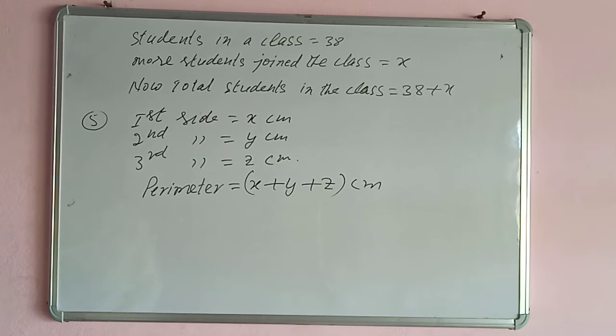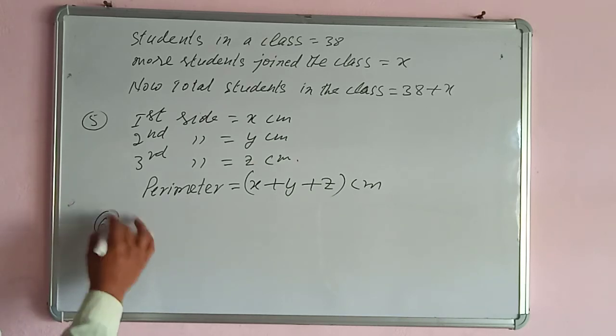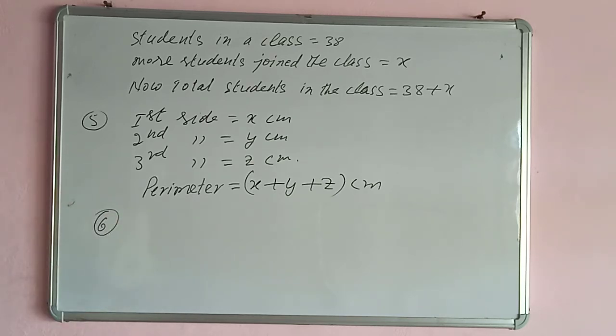Next we have question number 6. In this question, cost of 1 pen is rupees 8. Then find the cost of y pens. So cost of 1 pen is given and we are going to find the cost of y pens. When the cost of one thing is given and we are going to find the cost of many things, we multiply. So how can we write it as an algebraic expression?